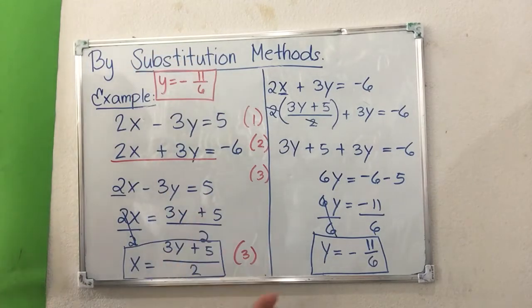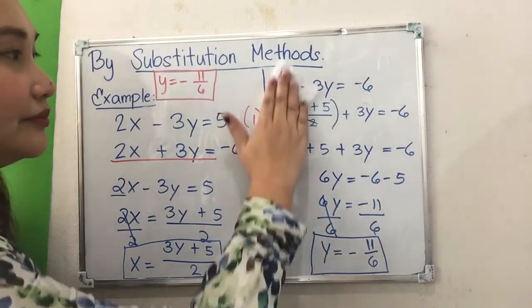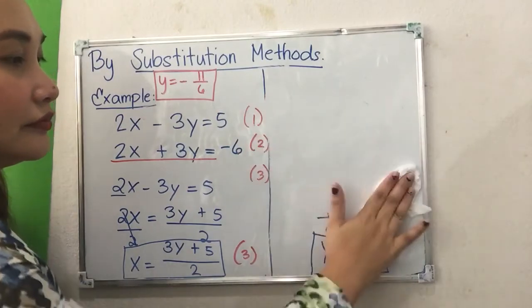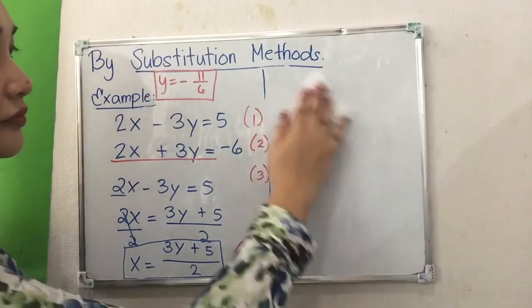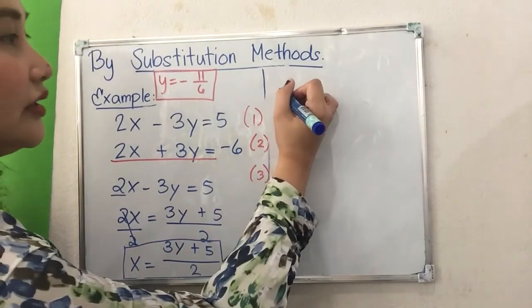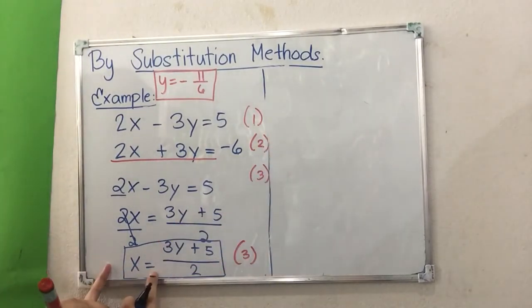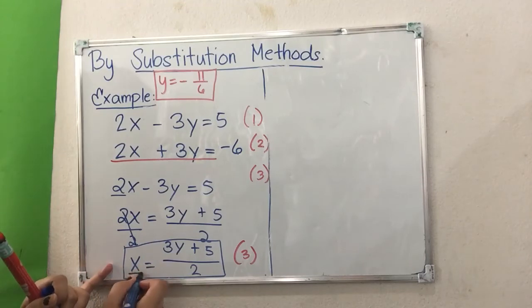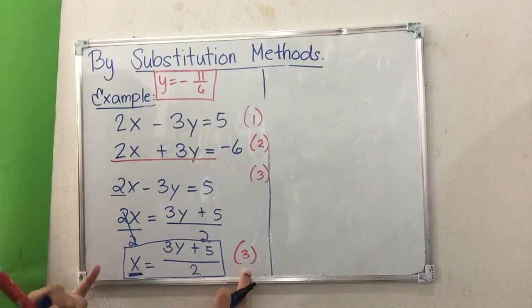Let's solve for the value of our x. We can use equation 3 because it's already isolated.